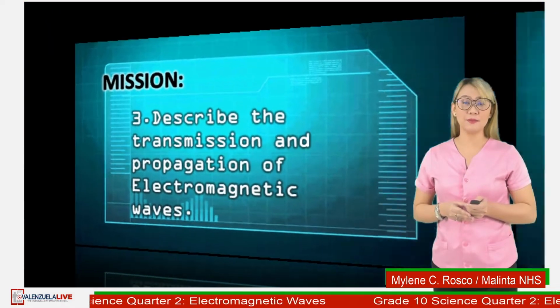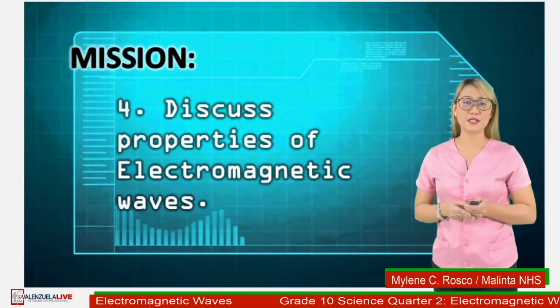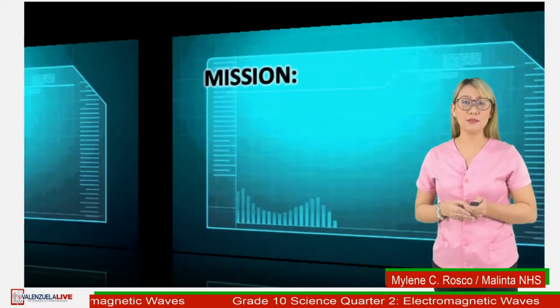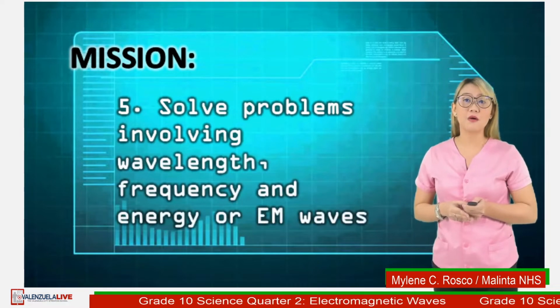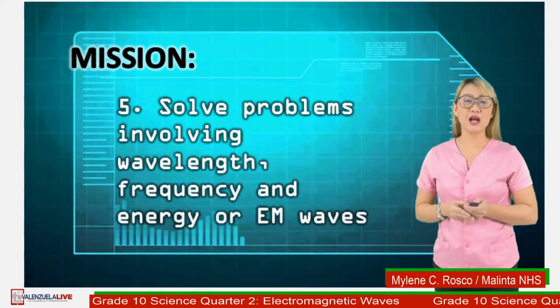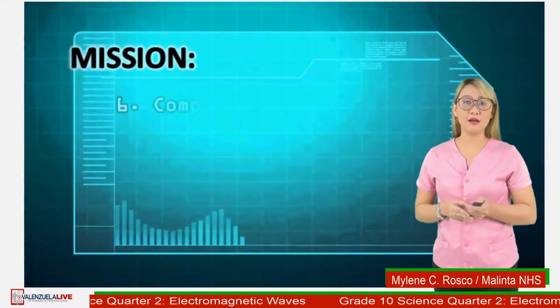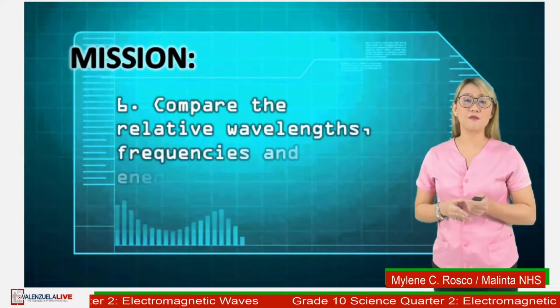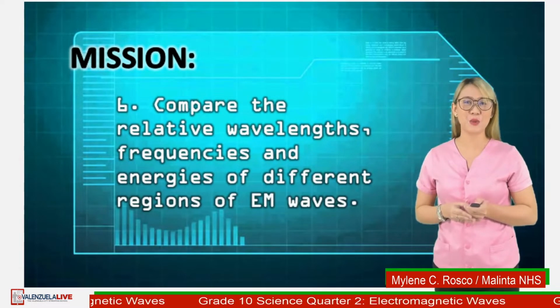Fourth mission, discuss properties of electromagnetic waves. Fifth mission, solve problems involving wavelength, frequency, and energy of electromagnetic wave. And last, compare the relative wavelength, frequency, and energies of different regions of electromagnetic waves.